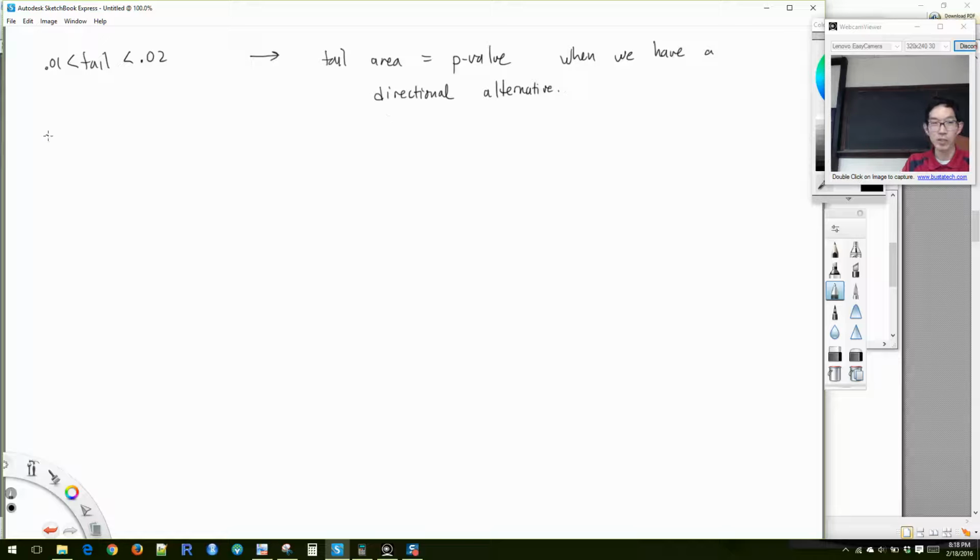So our p-value is between 1% and 2%. This feels small to us.